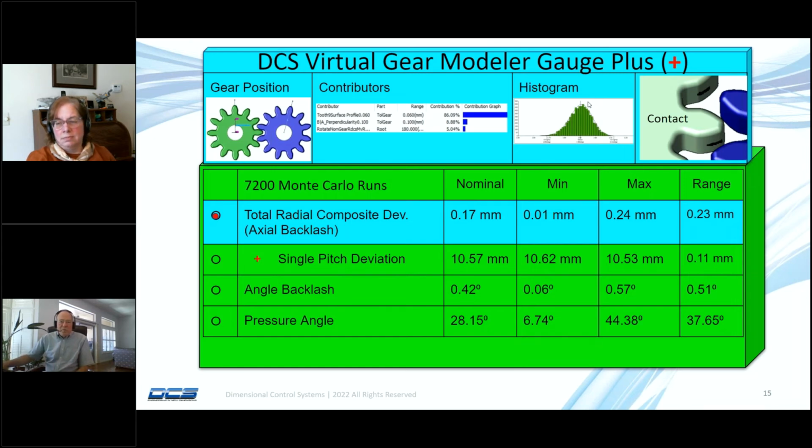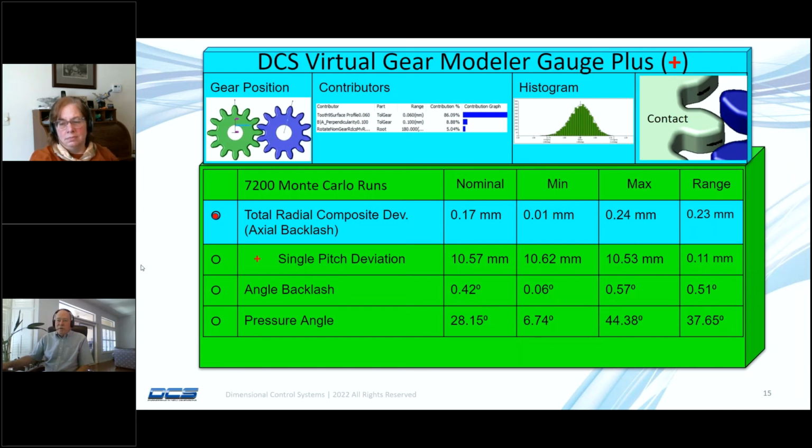As you saw in the demo, the contributors and the measurements are all available. After you make a run, you can go through the whole scenario. And these are the angles, the angle backlash that we had.